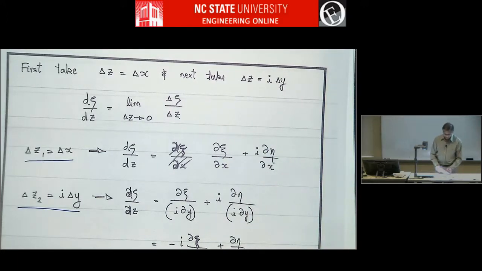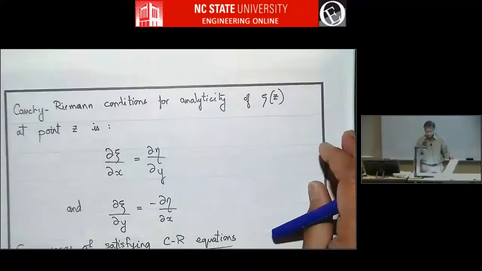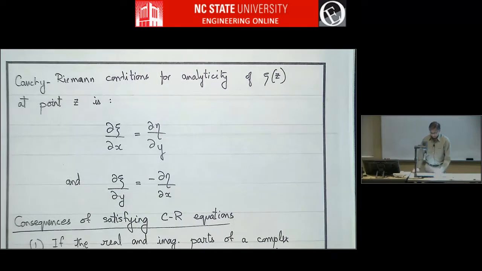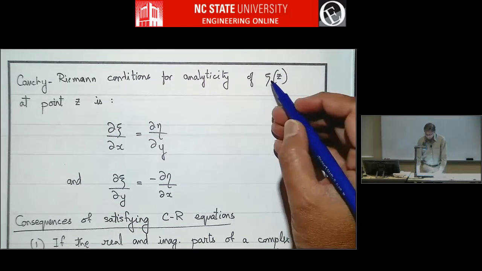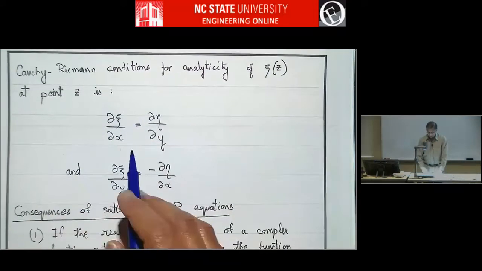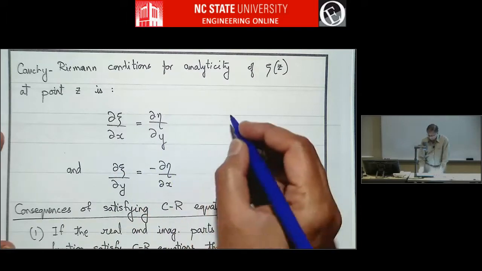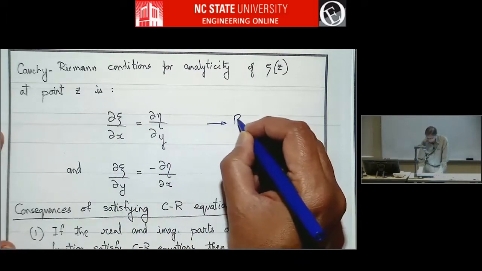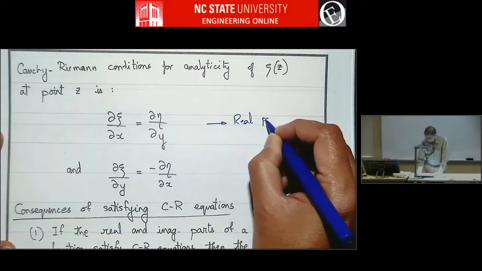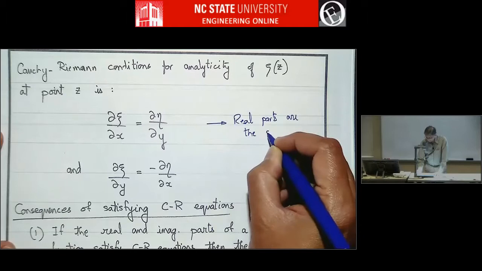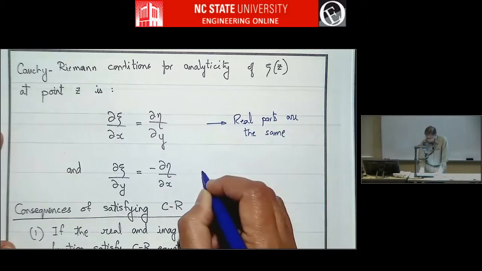So the Cauchy-Riemann conditions for analyticity of zeta of z at point z are that the two real parts have to be the same, and the two imaginary parts are the same.